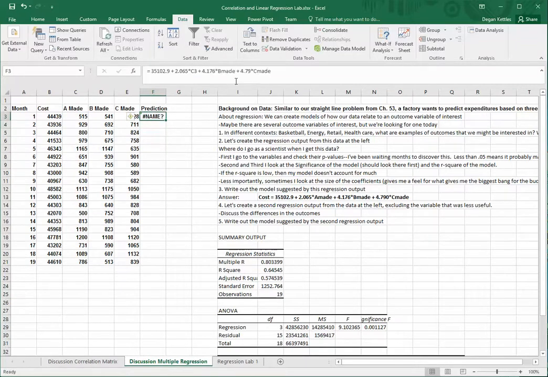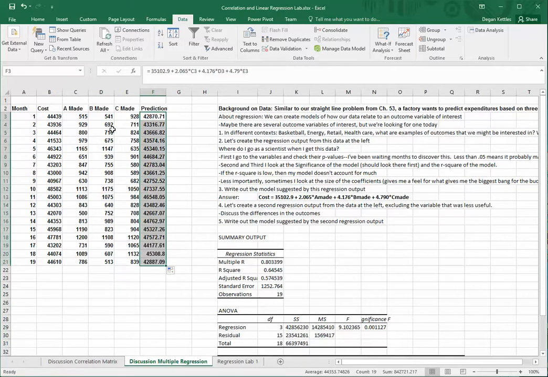For B made, I want this, and for C made, I want that. Okay, so now I have a dynamic formula based on this row, and if I copy that all the way on down, there are the numbers that were predicted.